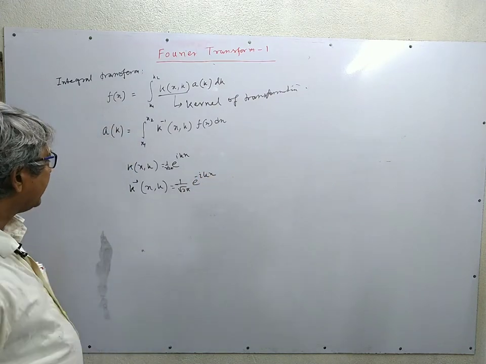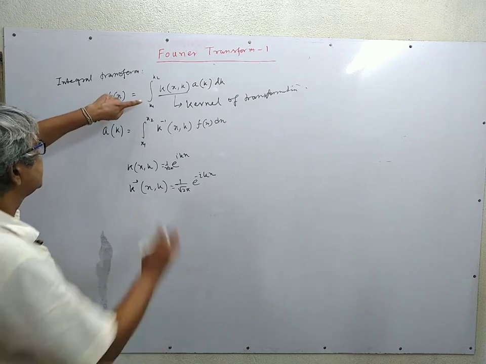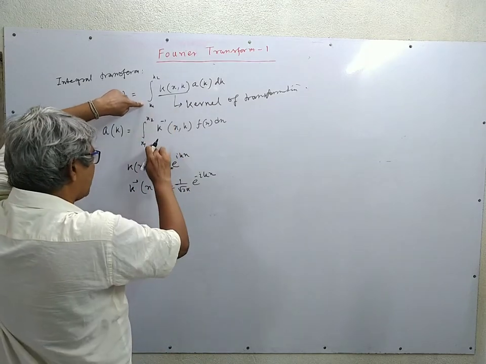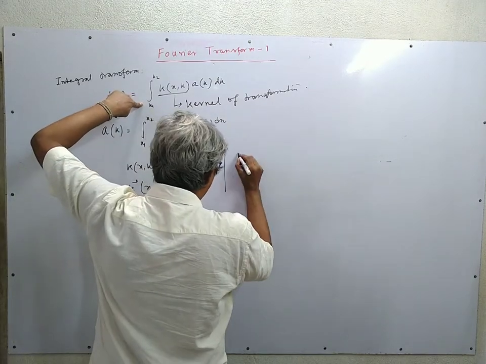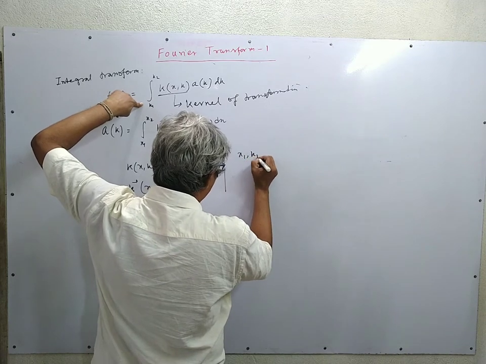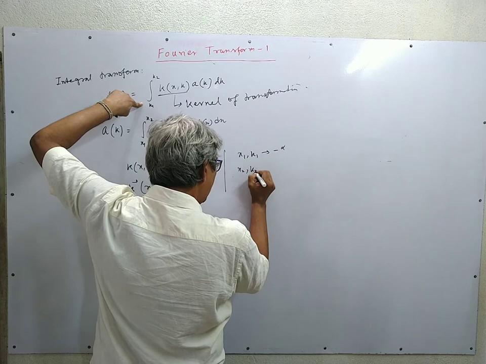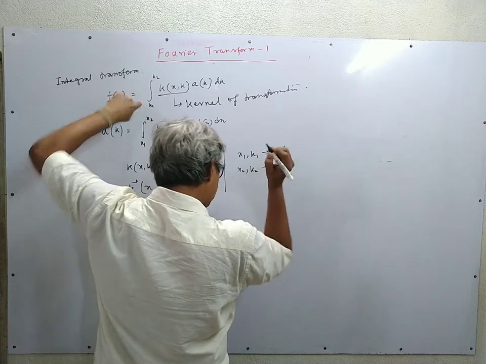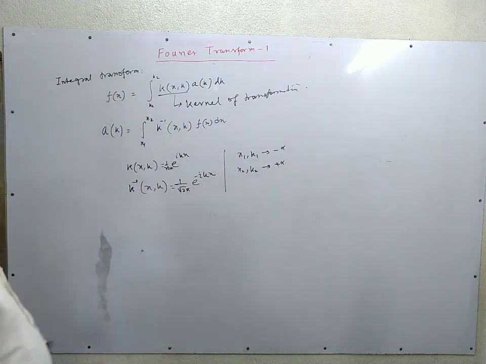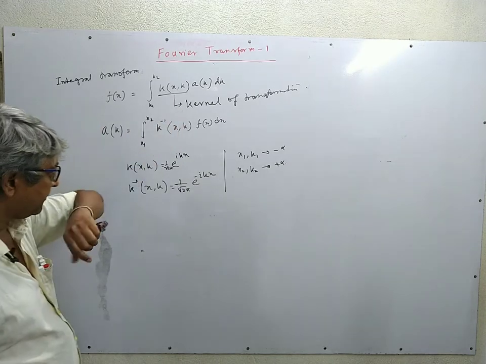Here x1, k1 tend to minus infinity, and x2, k2 tend to plus infinity. This is the definition of the Fourier transform in terms of integral transformation and the kernel of transformation.